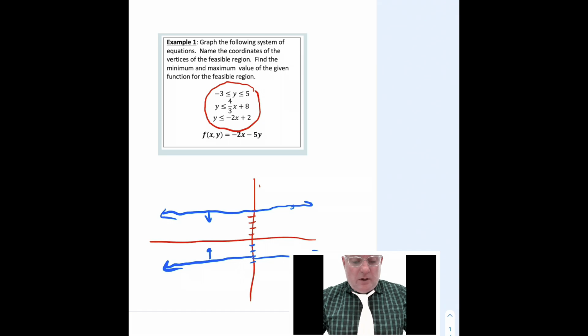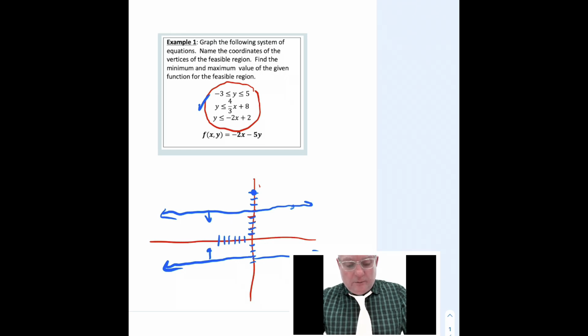And my next equation is y less than or equal to 4/3 x plus 8. So if I extended my y-axis, I've got 1, 2, 3, 4, 5, 6, 7, 8. The y-intercept is 8. And then if my slope were 4/3, then I would go down 4 and to the left 3.